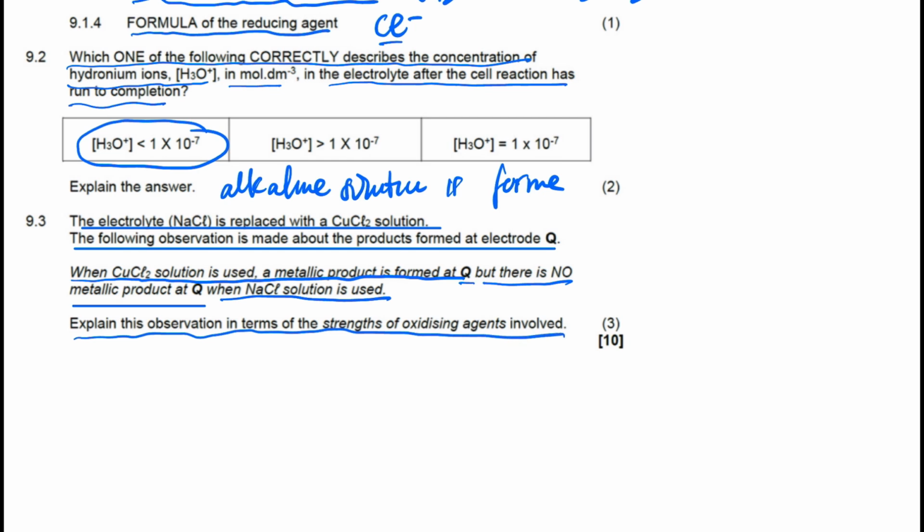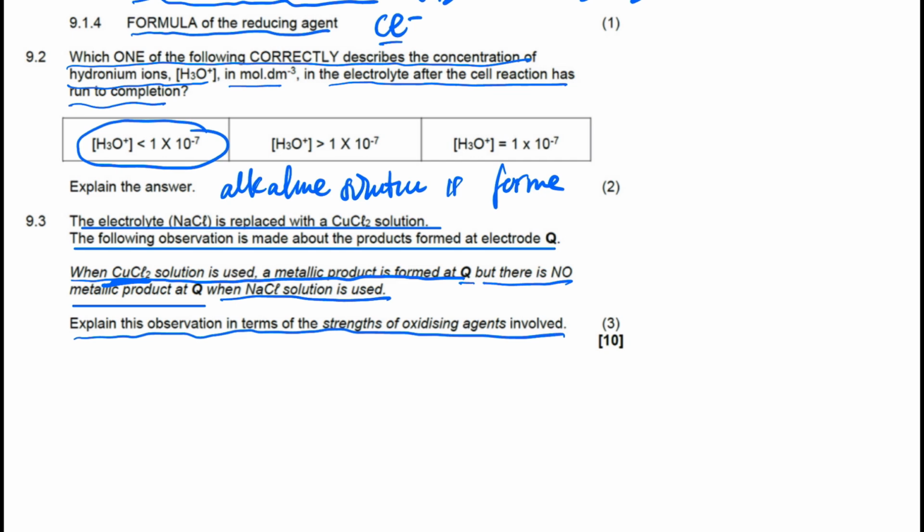So what are you going to talk about here? When it was sodium chloride, there was no metallic product produced. Now that it's copper chloride, there's a metallic product produced. So what are you going to compare now?